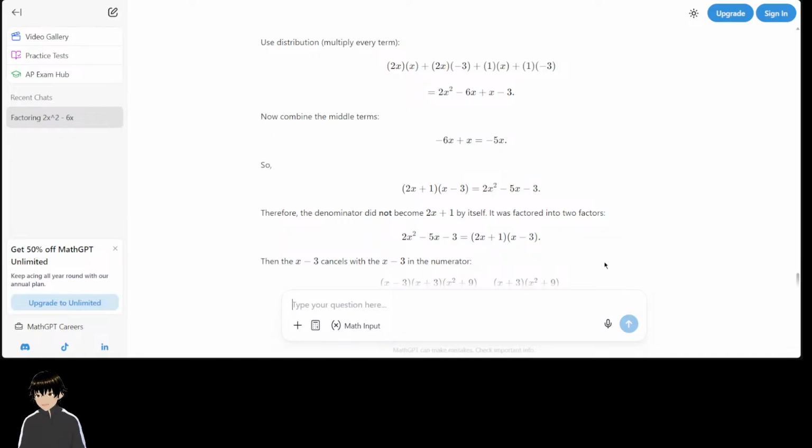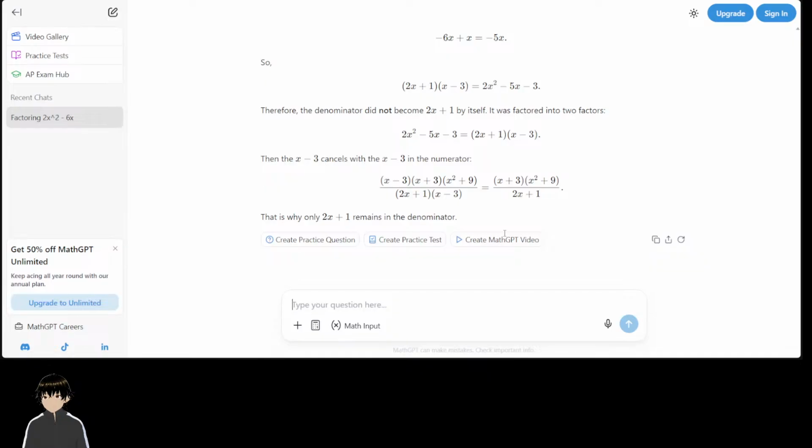I know that. But therefore the denominator did not become 2x plus 1 by itself. It's factored into two factors. Excuse me. What are you talking about?